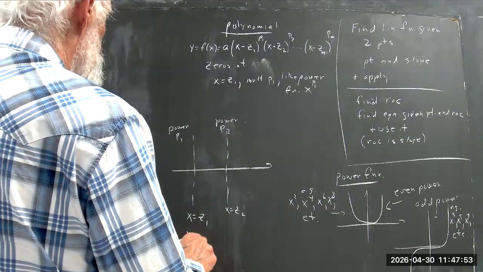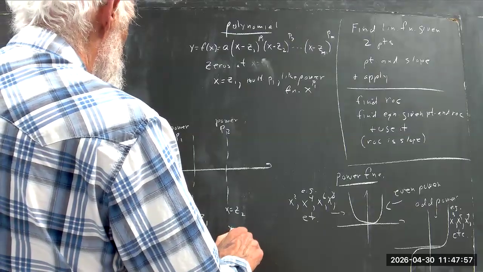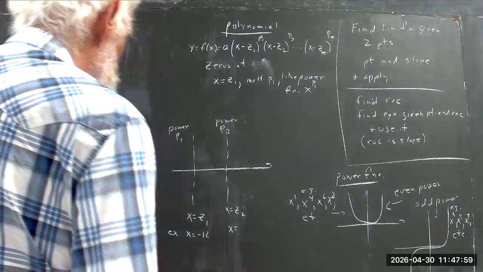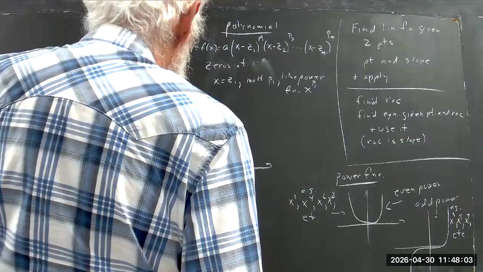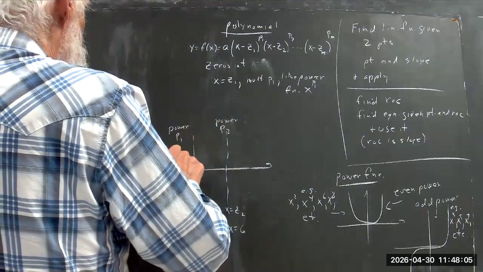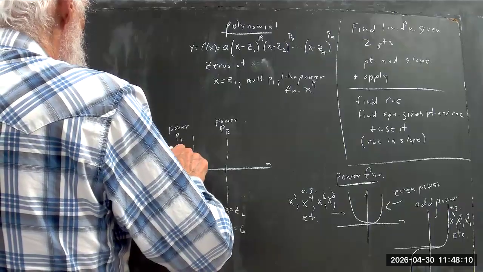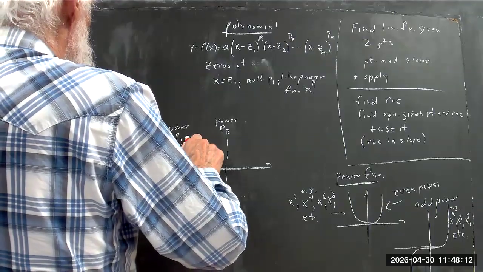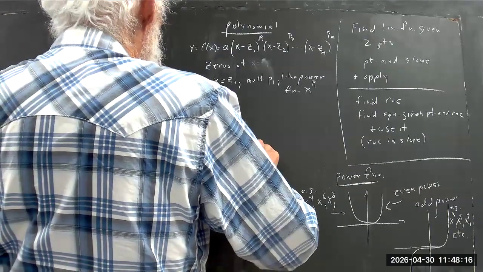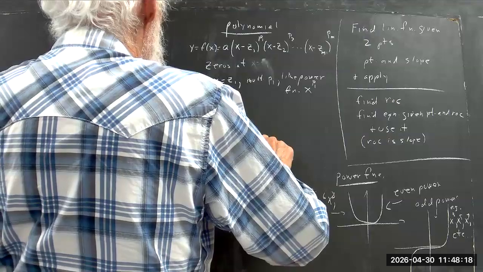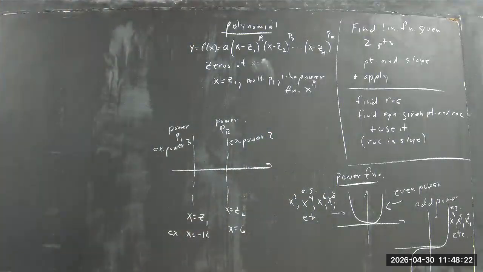For example, if this is x equals negative 12, and this is x equals 6, and the power p1 is 3, and power p2 is, for example, 2.